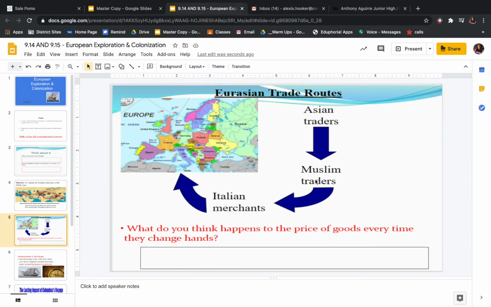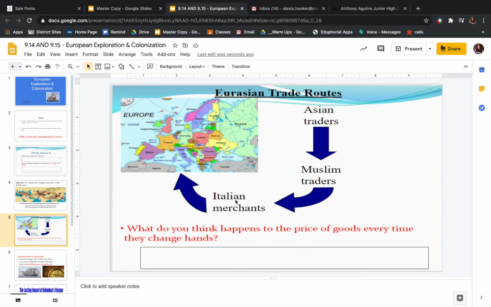But now the Muslims have to take all those things and travel a distance, because first the Muslims had to leave their homes to go meet the Asian traders to get these. Now they got to go back past their homes to where the Italians are to give them this. So the price goes up from what the Asians initially charged, because they have a travel fee and a pickup fee and a carrying fee, right?